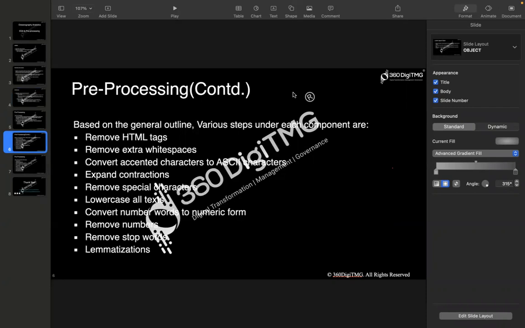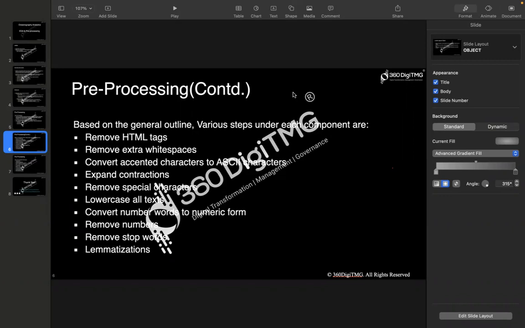Here we have some pre-processing. Based on the general outline, the various steps under each component are: remove HTML tags, remove extra white space, convert accented characters to ASCII, expand the contractions, remove special characters.